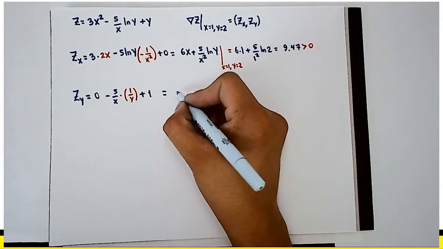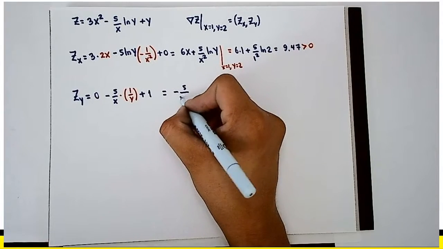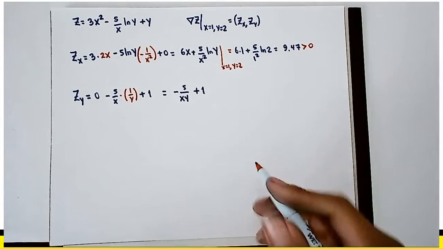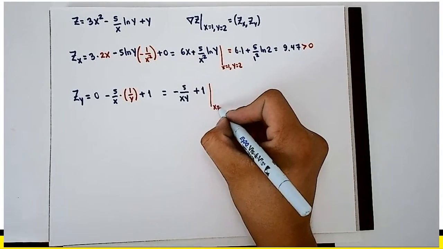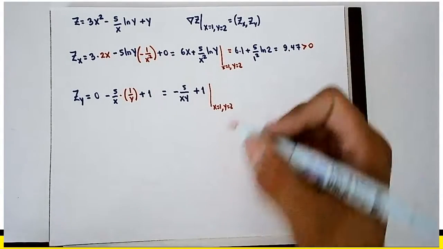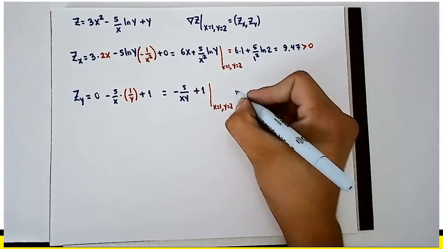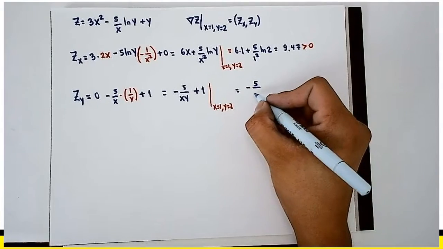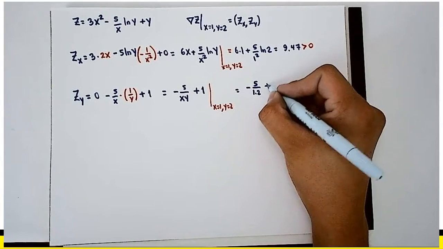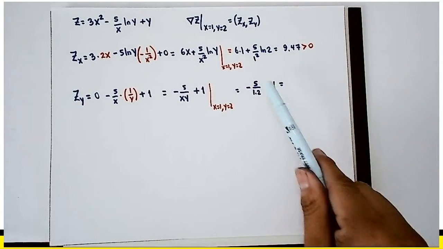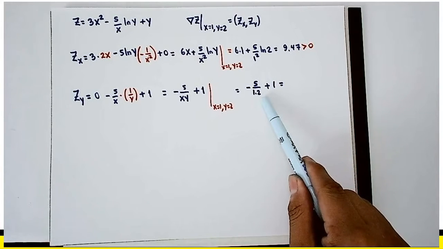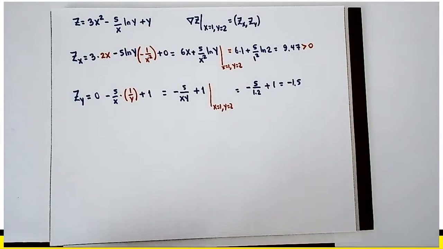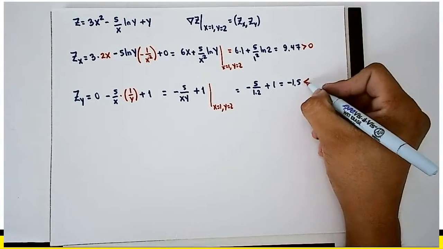So this is equal to minus 5 over x times y plus 1. Again, we need to replace with x equals 1, y equals 2. So this is minus 5 divided by 1 times 2 plus 1. Minus 5 divided by 2 is minus 2.5 plus 1 is minus 1.5. Notice that this is less than 0.